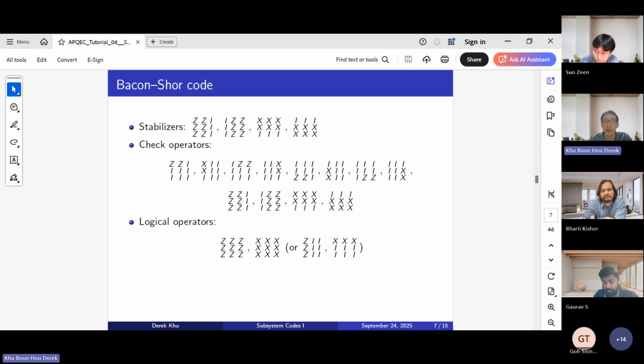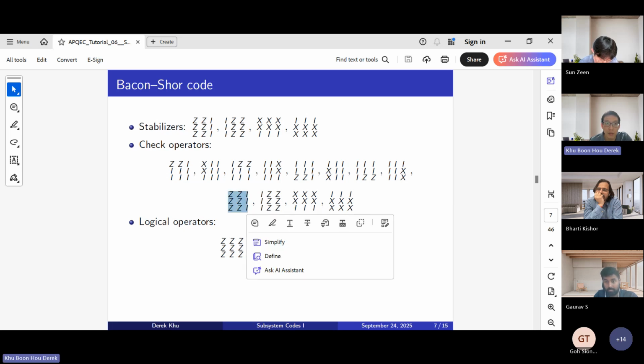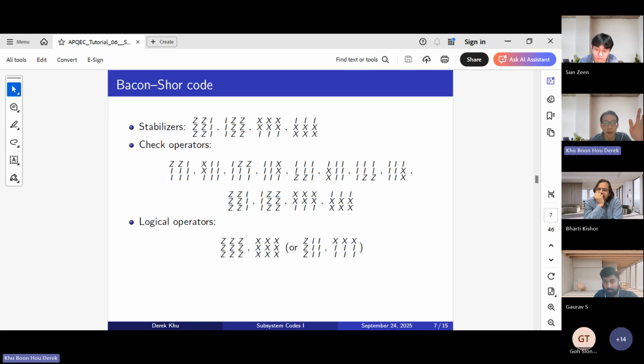So we have all of these check operators, and then these are the stabilizers, which are part of the check operators. These check operators are kind of nice because most of them are weight 2, but you have all of these weight 6 ones, which we could actually simplify. And why could we do that? Because if we look at this guy, in order to get it, we need to measure these first 6 Z operators on the first and the second columns.